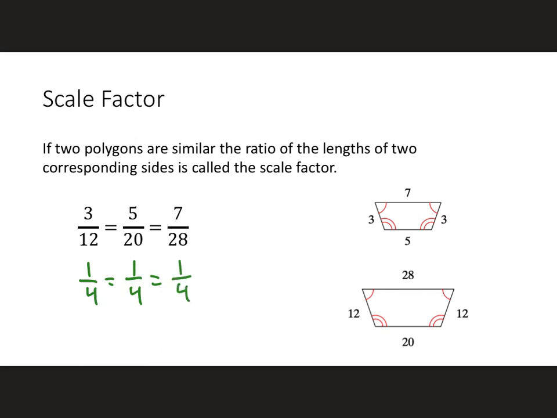Since each of these ratios reduces to the same value, our scale factor is 1/4. Since we have no markings for the vertices of these polygons, we can simply say the scale factor of the smaller shape to the larger shape is 1/4.